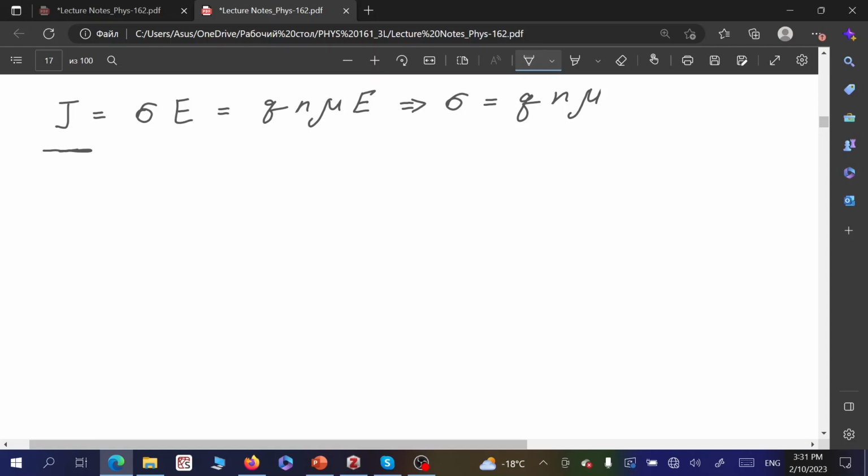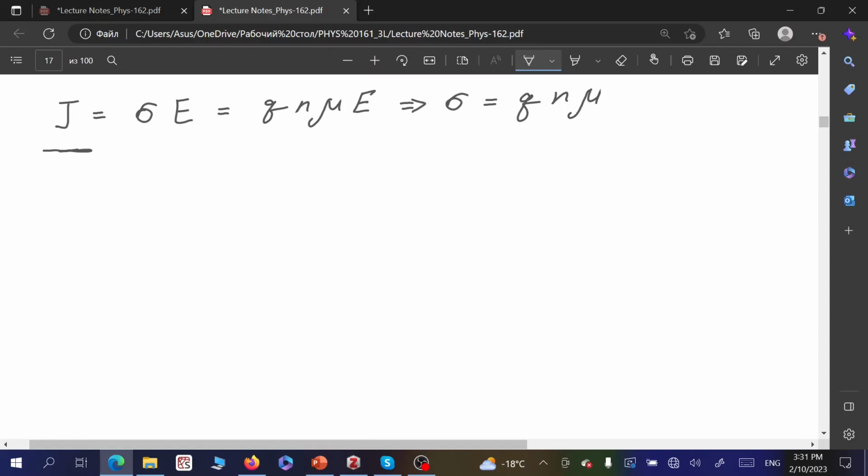What about this electric field? We can measure it. Obviously, yes, we know the potential difference between two edges of the conductor. We know the length of the conductor. We divide potential difference by length.